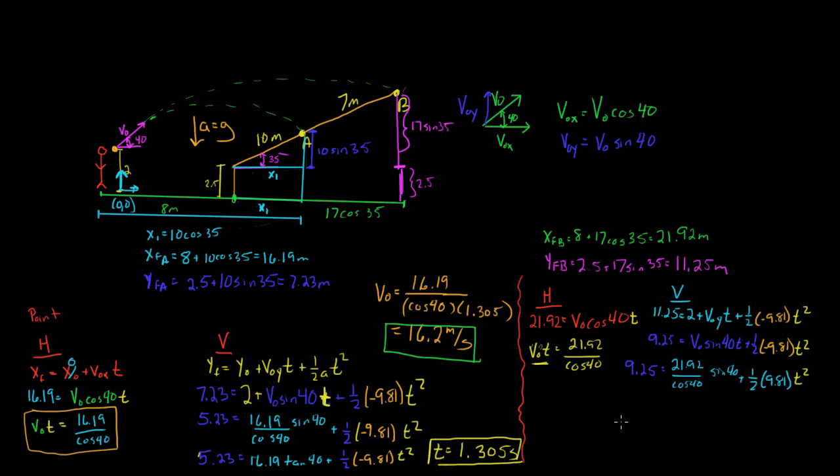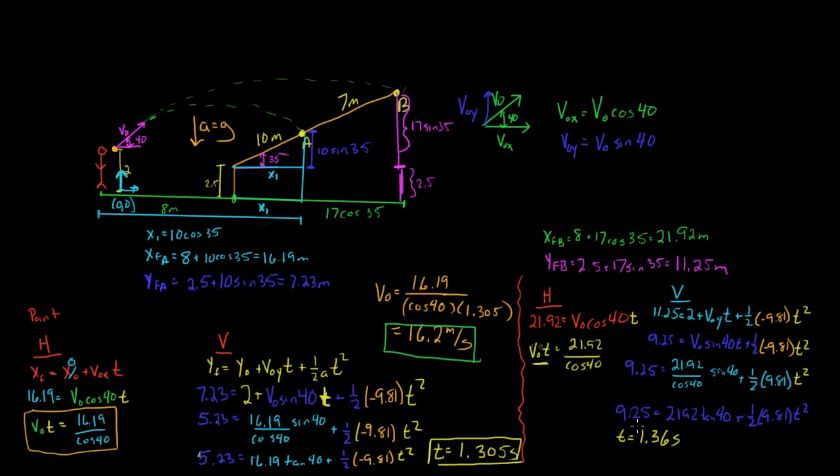We're going to be solving for t squared. So again, if we just clean this up a little bit, we get 9.25 is equal to 21.92 times the tangent of 40 plus 1/2 times 9.81 t squared. I sort of gave up with the colors, and when we solve this, we're going to get a time equal to 1.36 seconds. So in order to throw it from this point to point B, it's going to have to be in the air for 1.36 seconds.